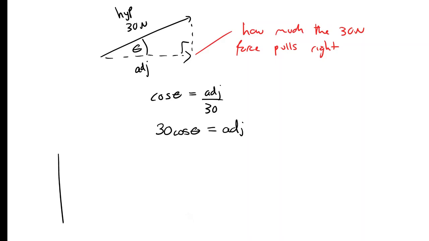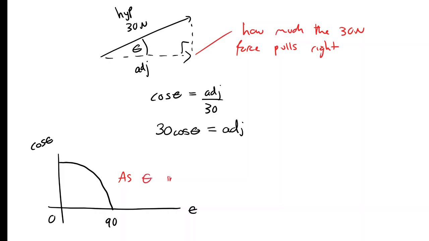If we look a little further at the cos graph, but just the first portion, that's cos theta against theta from 0 to 90 degrees. You can see as the angle theta increases, this is what the graph shows, cos theta decreases.